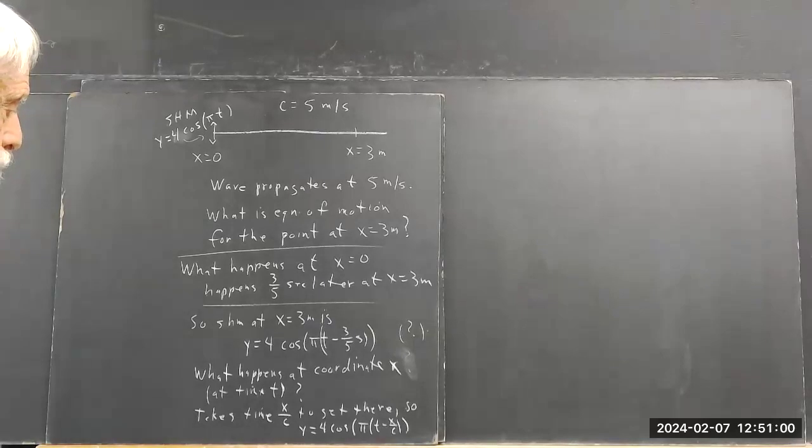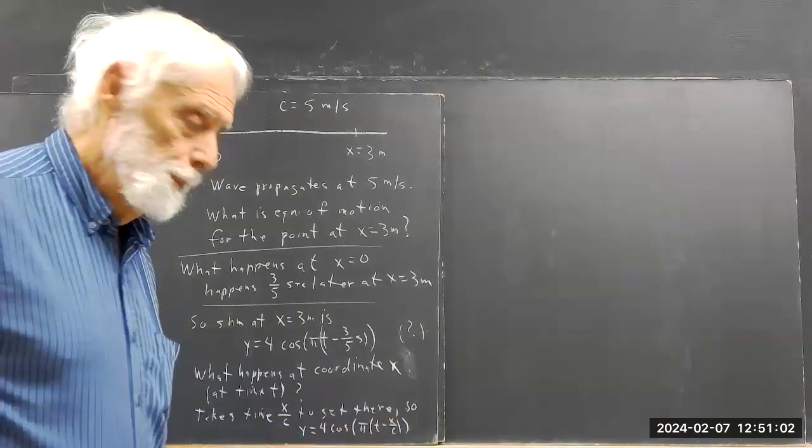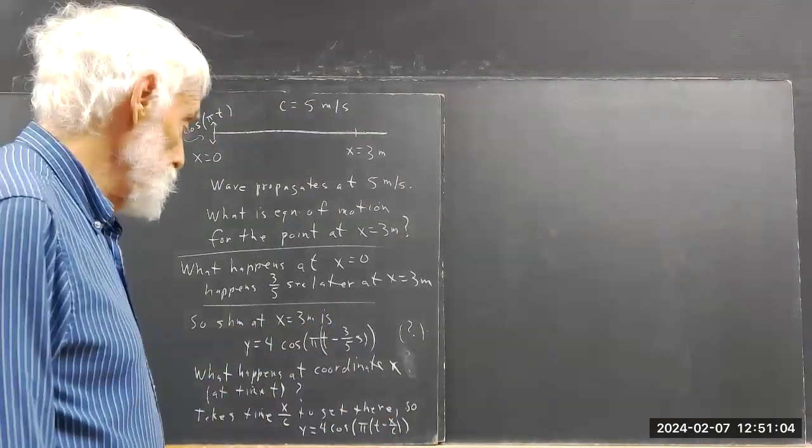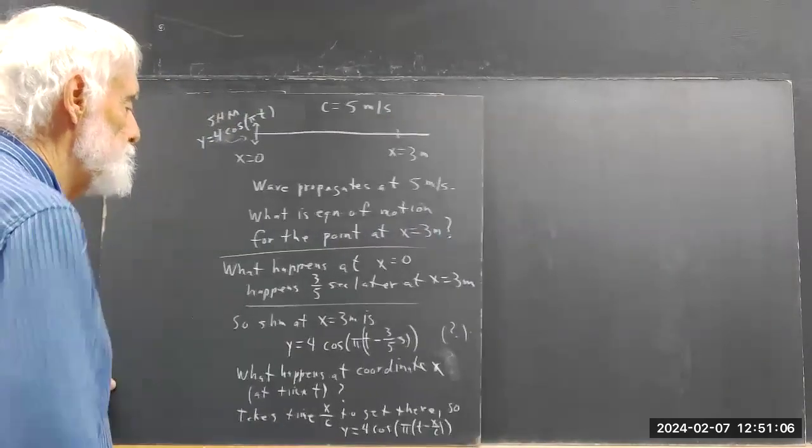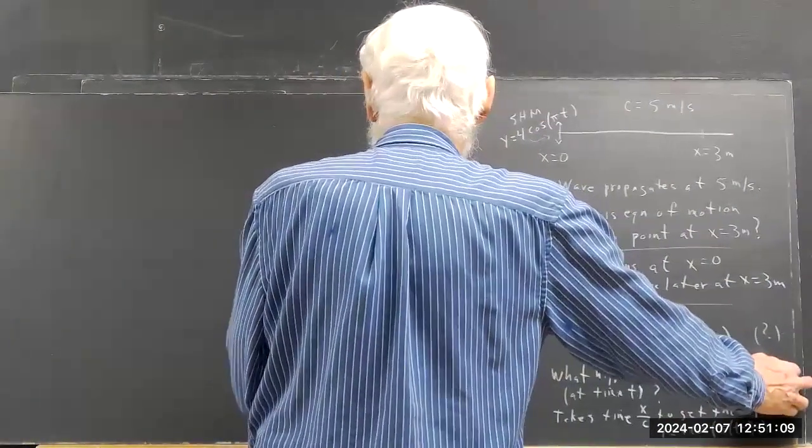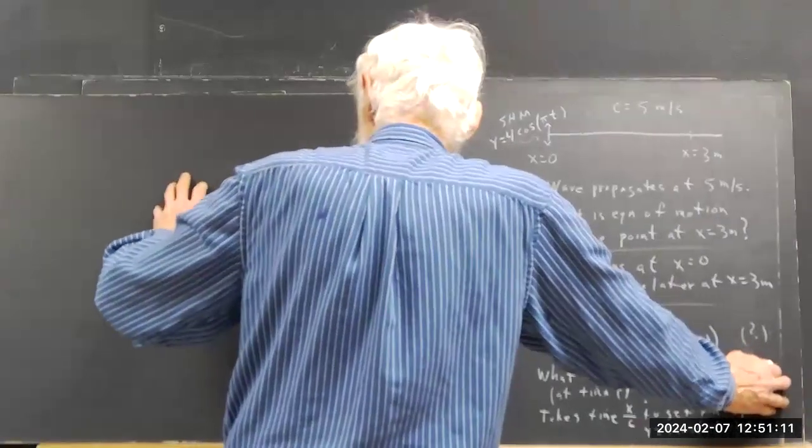So y equals 4 times the cosine of pi times the quantity t minus x over c.